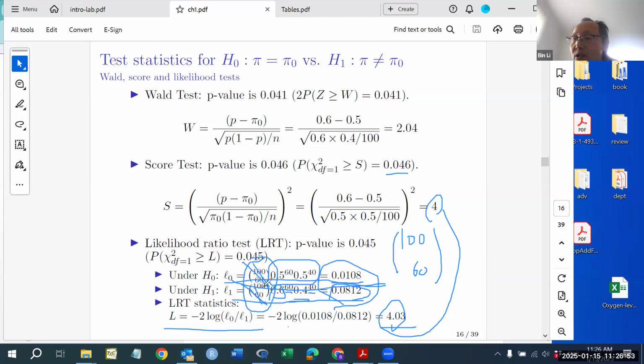So if you do it by hand, you don't need to worry about the binomial coefficient. Just cancel it out, because it's the same under the null and under the alternative. So what only matters is the rest for the likelihood ratio.